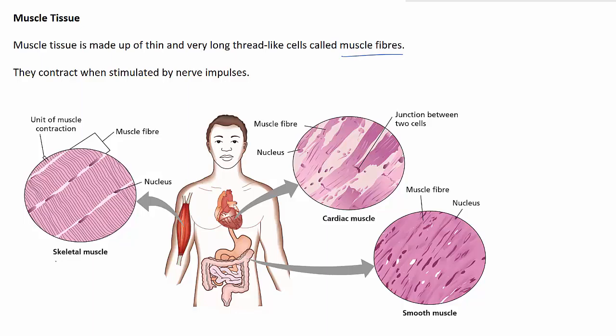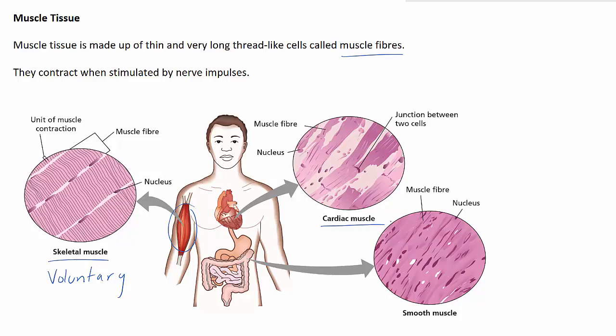There's skeletal muscle, which is a voluntary muscle. In other words, you actually have control over these muscles in order to move your body, such as this illustration of bicep and tricep here. You're actually able to control those muscles to move your arm.